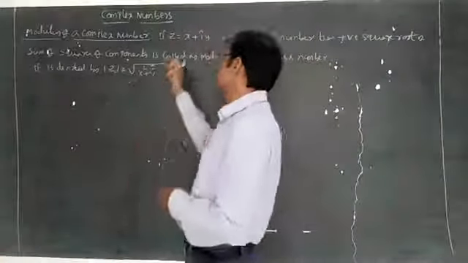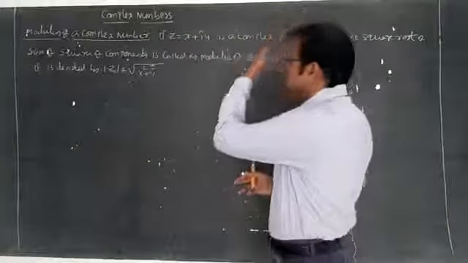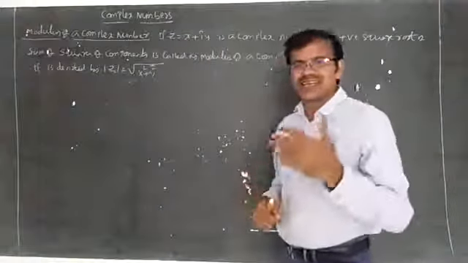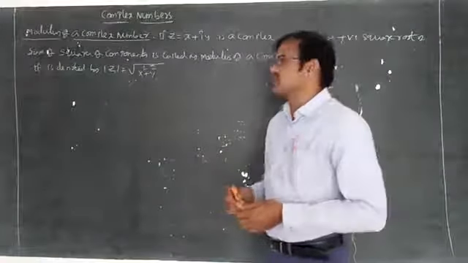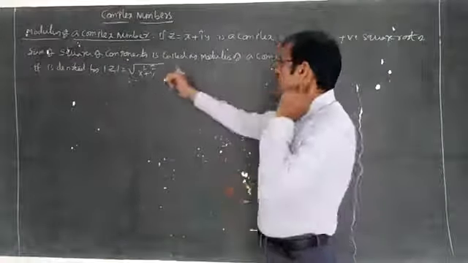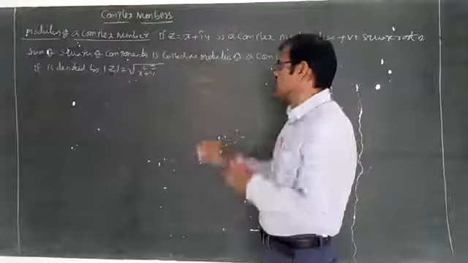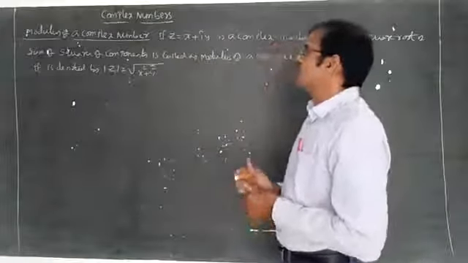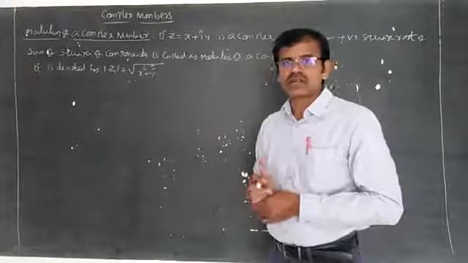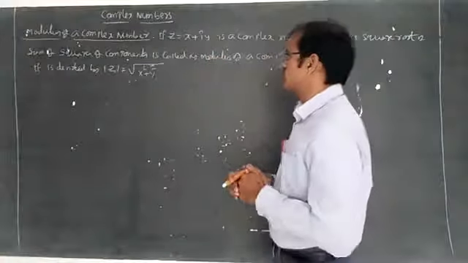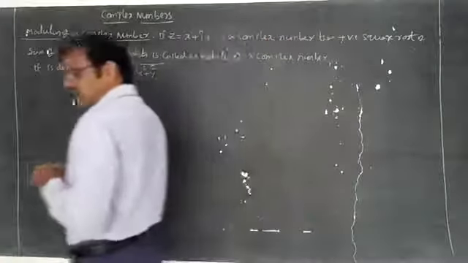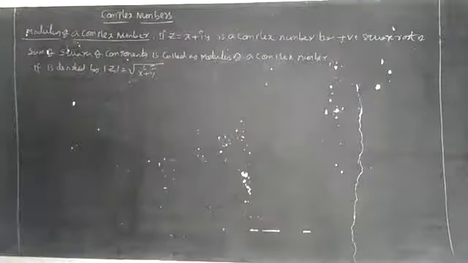In a similar way, here x plus iy is a complex number, x is a component, that is the real part, and y is a component, that is the imaginary part. So mod z is equal to root of x square plus y square.